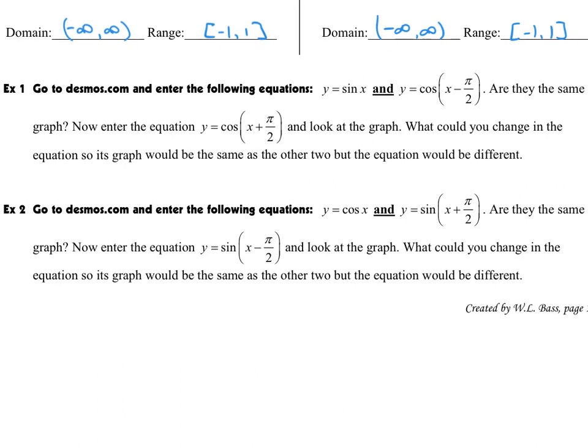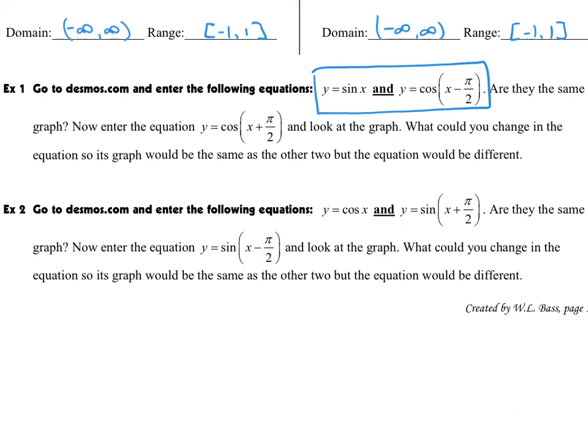So what I want you to do is, when this is done, pop over to Desmos and first verify to yourself that if you enter in these two equations right here, they will actually be the exact same graph. So the parent sine graph is the same as a cosine graph with a phase shift of pi over 2. And I can just read it because there's no period change.